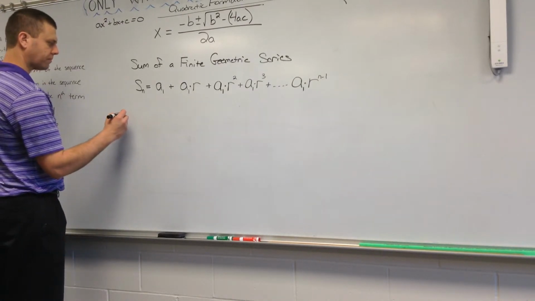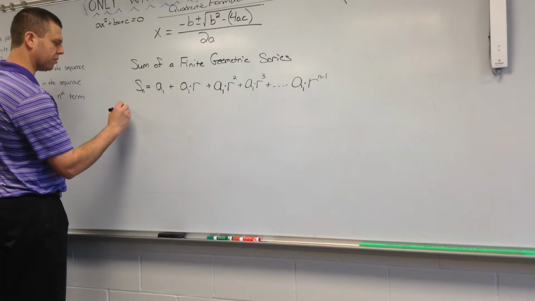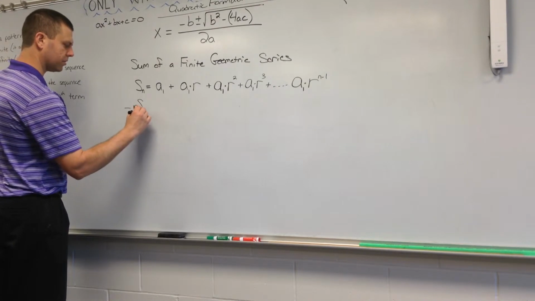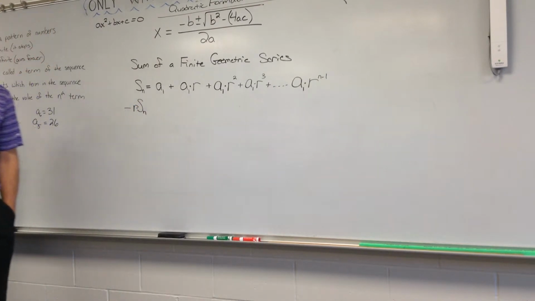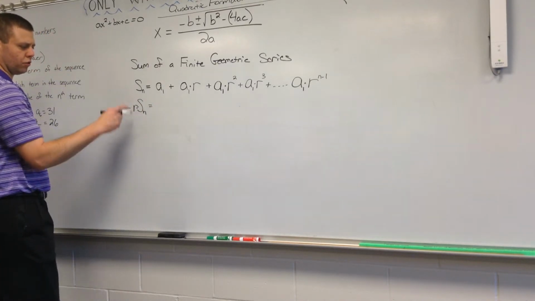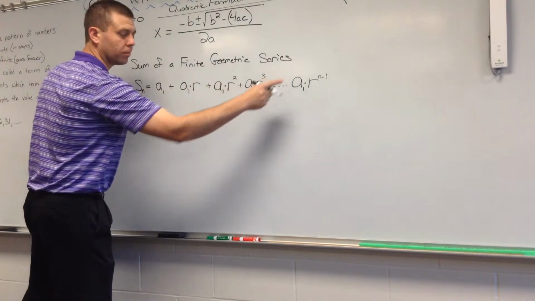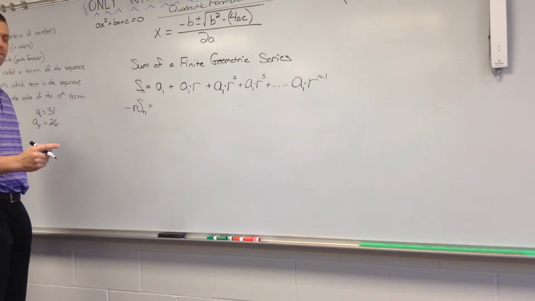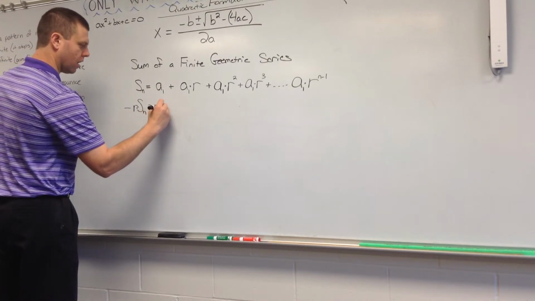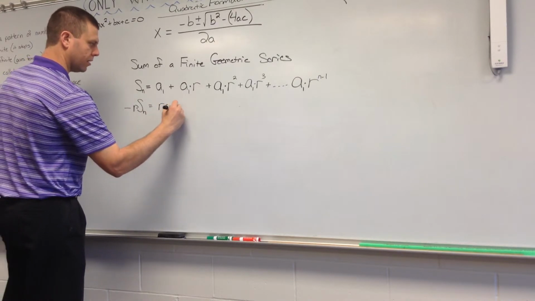Now, I'm going to subtract r times s sub n. So really, I'm taking every one of these and multiplying it by r. So r would be r times a sub 1.